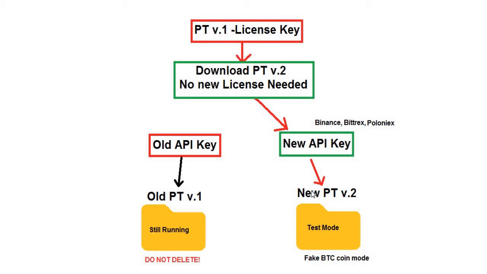I'm going to be using it while I test the settings of the old PT version 1. Remember, if you had downloaded the old PT1 settings that you're using right now from my page, I will be giving you a PT2 update of those same settings, so watch out for that.